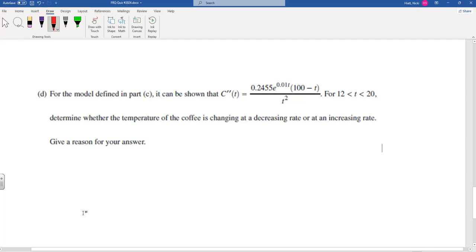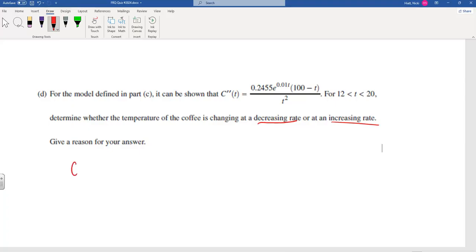All right, and then for the last part, it says for the model defined in part C, it can be shown that C double prime of T is this from 12 to 20. Determine whether the temperature of the coffee is changing at a decreasing rate or an increasing rate, and give a reason for your answer. This is decreasing rate, increasing rate. This is that chart, right?